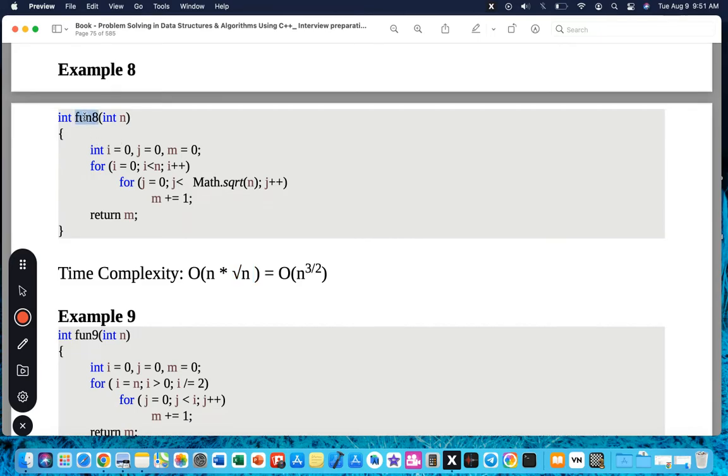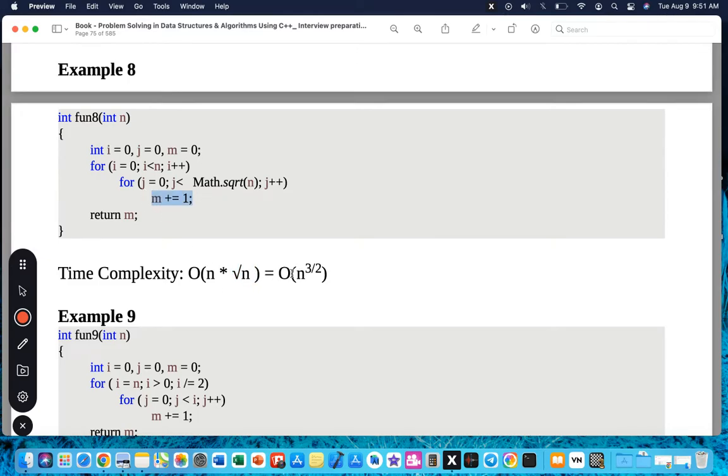In function 8, fn8, the same argument will get passed, and we have two counters i and j, and we have the summation, the sum, with i from 0 to n, j from 0 to the square root of n, and we find the summation.